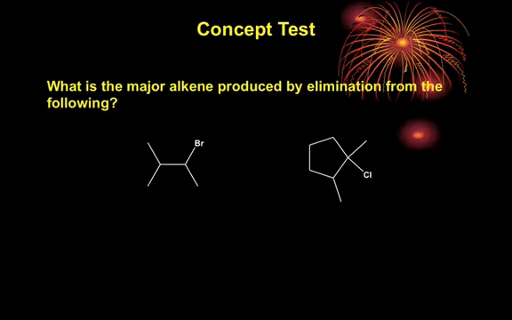How about for the second problem there? Where's my alpha carbon? Sam, where's the alpha carbon? Second one here. That's right. So there's my alpha, right? And everything attached to that is a beta carbon, right? So I've got beta 1, beta 2, beta 3. Are they all the same or different? They're all different.